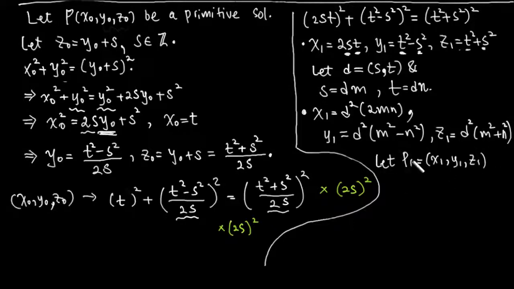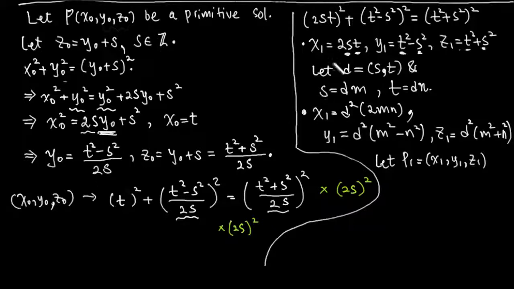Now if I let this p1 be this x1 and y1 and z1, potentially there is this greatest common factor of s and t that is greater than 1, and it's exhibited here. So if I knock those down, we're one step closer to our primitive solution.